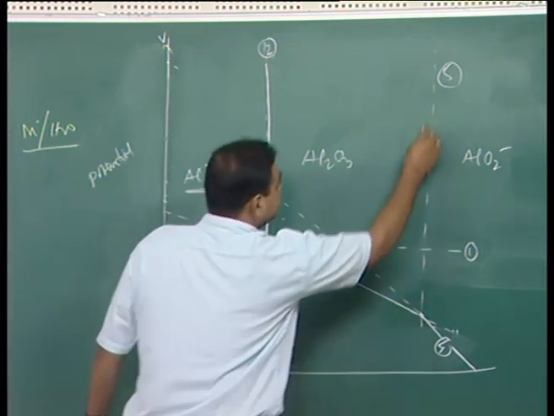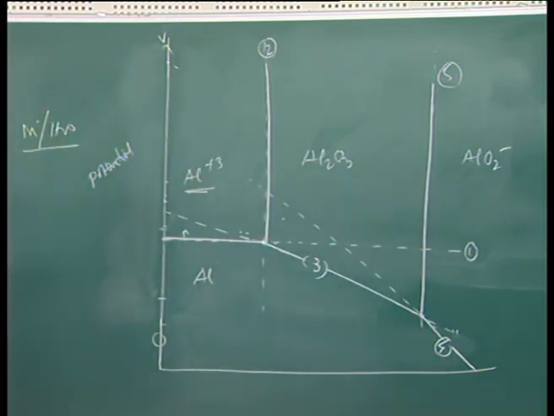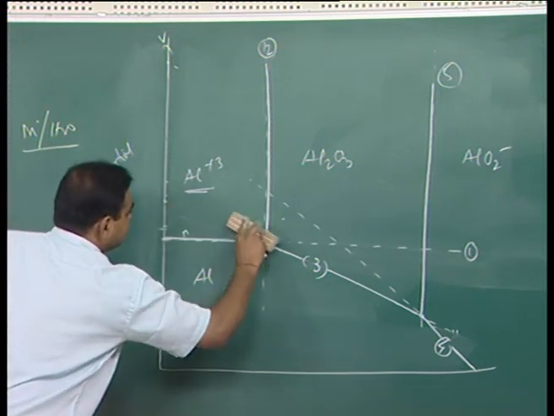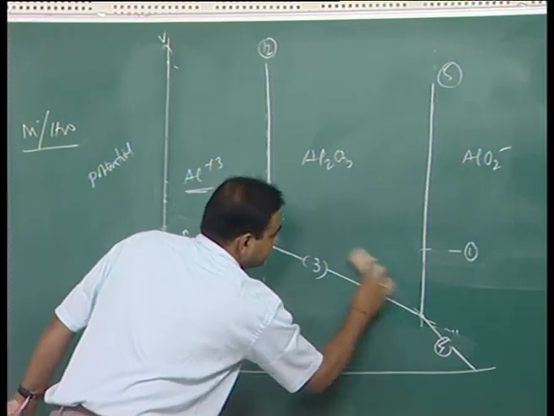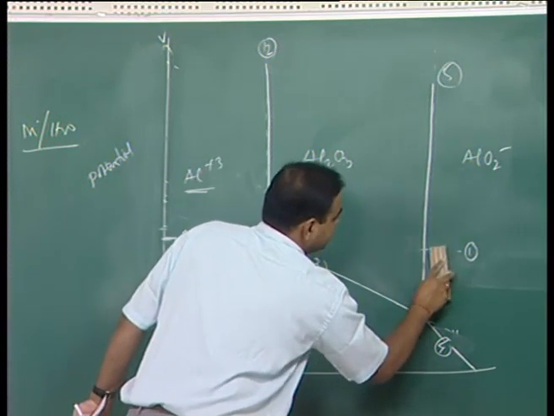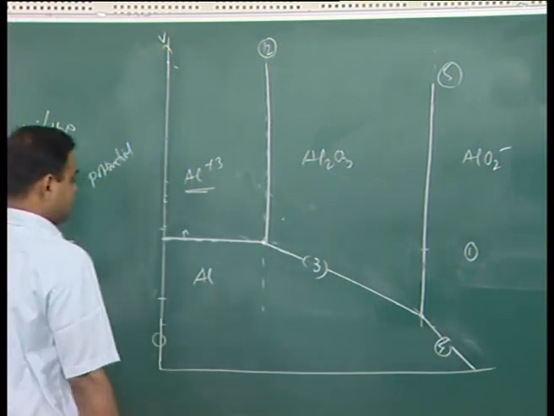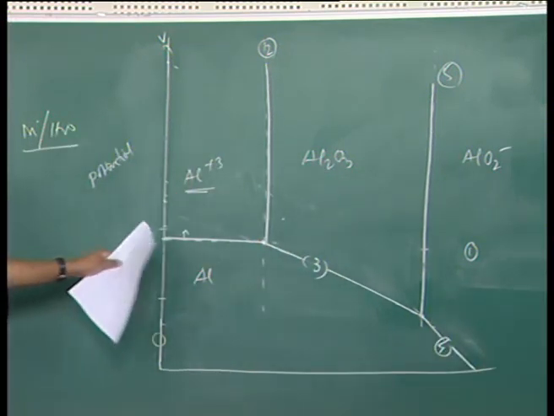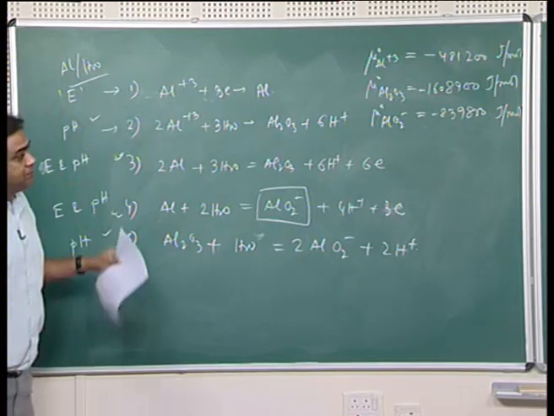Similarly, this would also be a solid line. So, now after doing that we will remove all those dotted lines. Now, this should be my Pourbaix diagram for the aluminum H2O system.